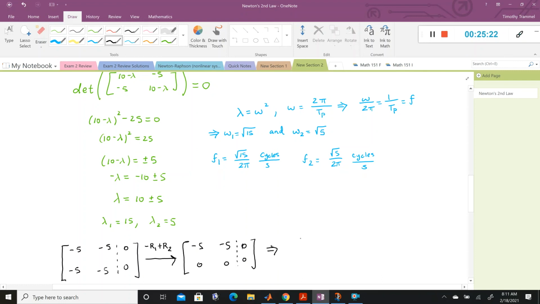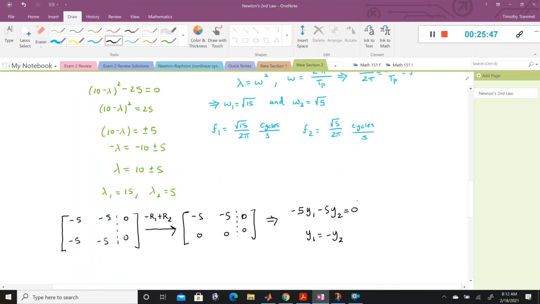which would suggest that the corresponding eigenvector is going to have the property that minus 5y1 minus 5y2 is equal to 0. In other words, y1 is equal to minus y2.